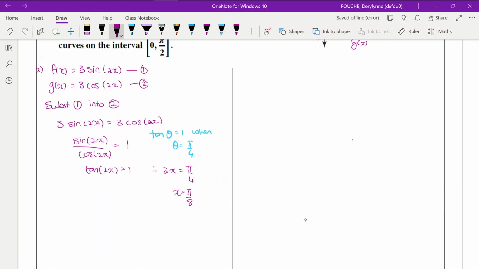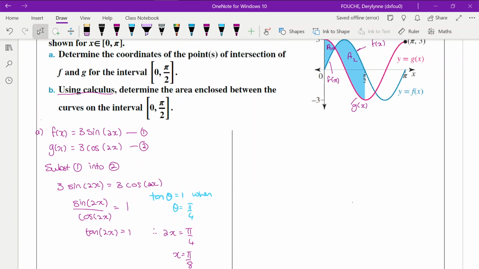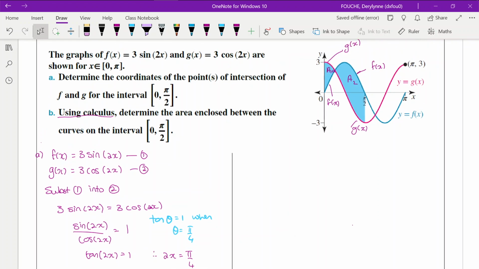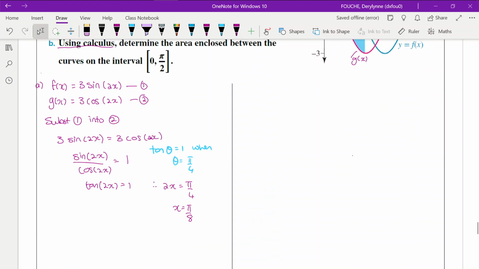Now you need to go back to your domain to try and figure out how many different solutions there are going to be. Notice that we're only going from 0 to pi on 2. Okay, so I'm only worrying about my first quadrant solutions, and x is pi on 8 is in my first quadrant, and I can also see from my diagram that there is only one point of intersection that I'm interested in for this.